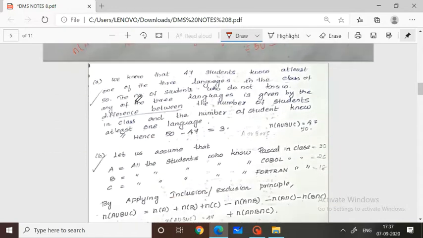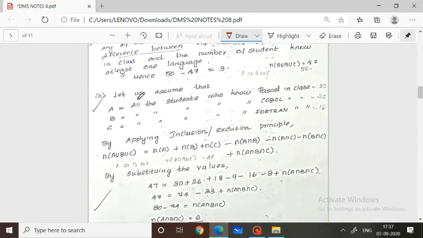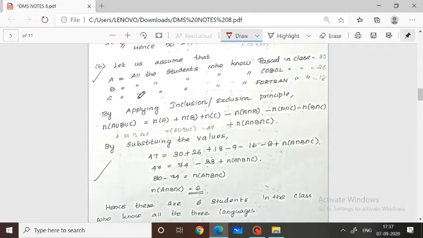Now we can apply the inclusion exclusion principle, that is n of A union B union C equals n of A plus n of B plus n of C minus n of A intersection B minus n of A intersection C minus n of B intersection C plus n of A intersection B intersection C. Now we shall substitute all the values in this equation.